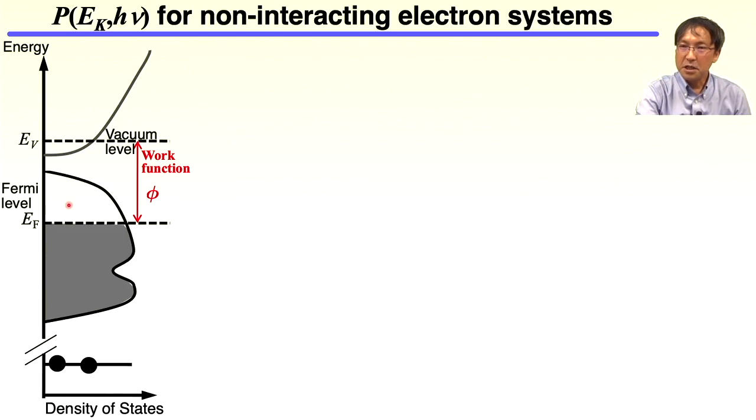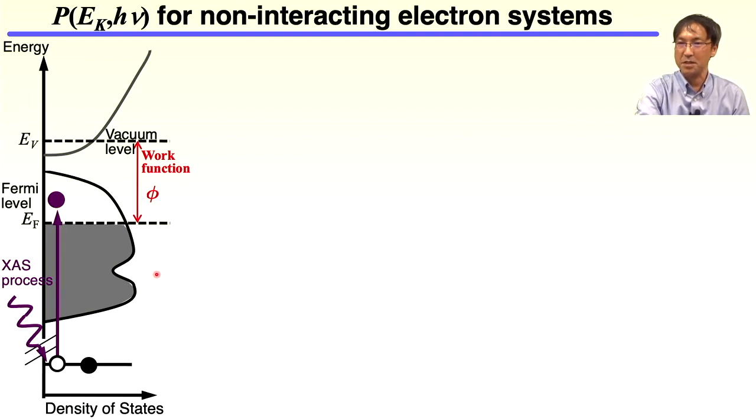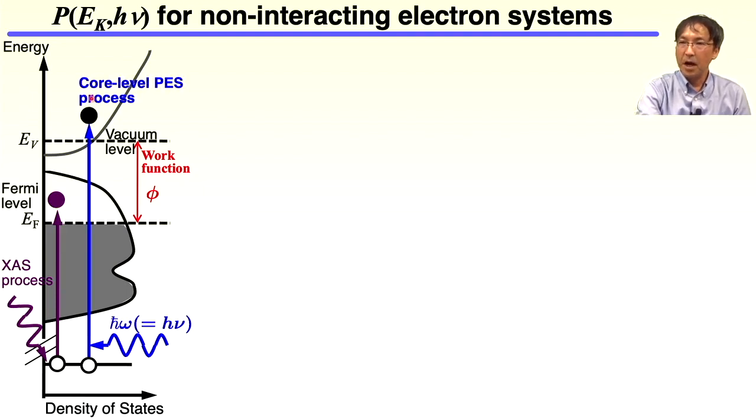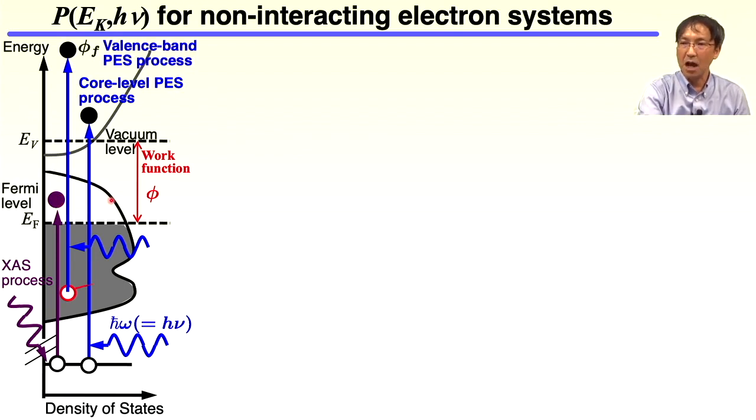This is a schematic energy diagram of a non-interacting electron system representing the difference between the XAS process and the photoemission process, where the photoelectron final state phi f has much higher energy compared with the excited electron in the XAS process. Of course, the character or orbital symmetry of the photoelectron is determined by the same selection rule.